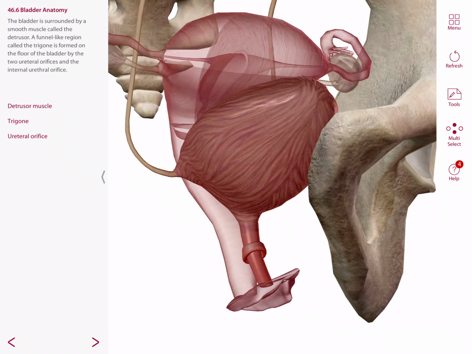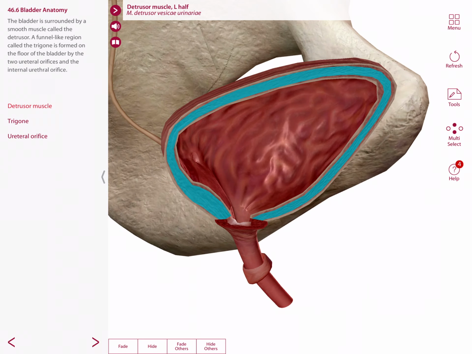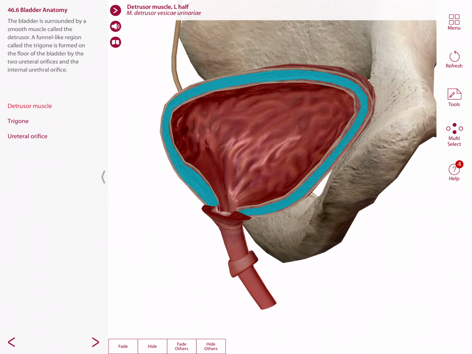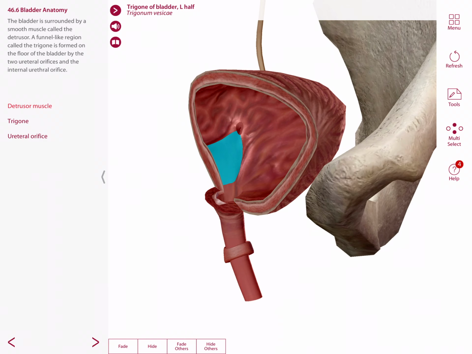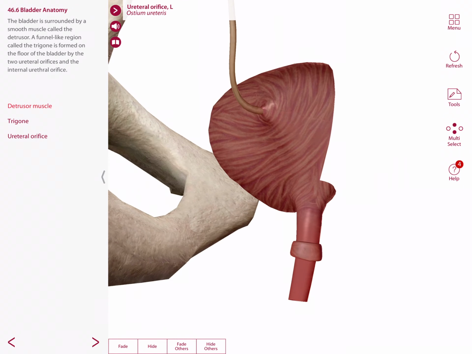Now we're going to talk a little bit about bladder anatomy. The bladder has a muscle inside of it, and this muscle is what allows it to expel the contents. There's also going to be some other structure. So there's like a funnel in it basically, and we call that funnel region the trigone. And so that trigone is right there, and just above it you can see the ureteral orifice. And so that is the part of the urinary bladder where this ureter is making its entrance.